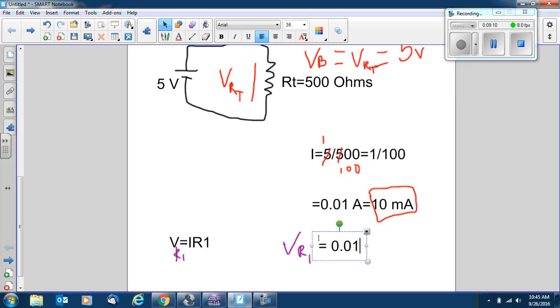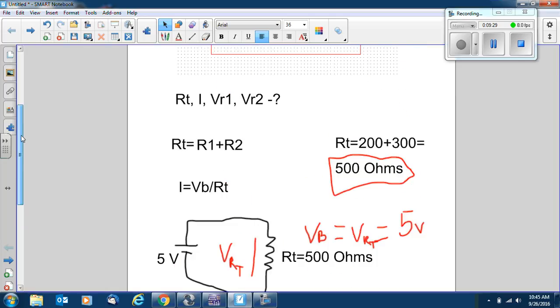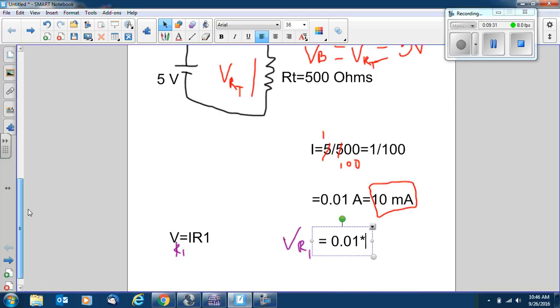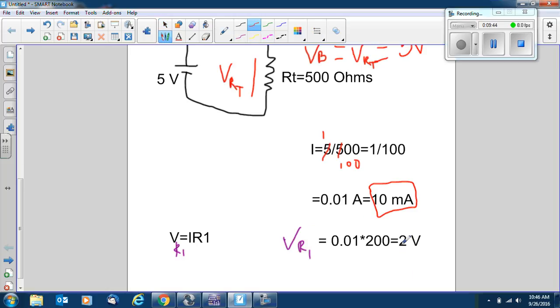Now notice I have converted my amps to milliamps for my final answer, but when I'm doing the calculation, I'm taking the unconverted form. Times my R1, which is 200. Well, that is just 2. So my answer is 2 volts. No need to do any conversions here. Everything is already converted.